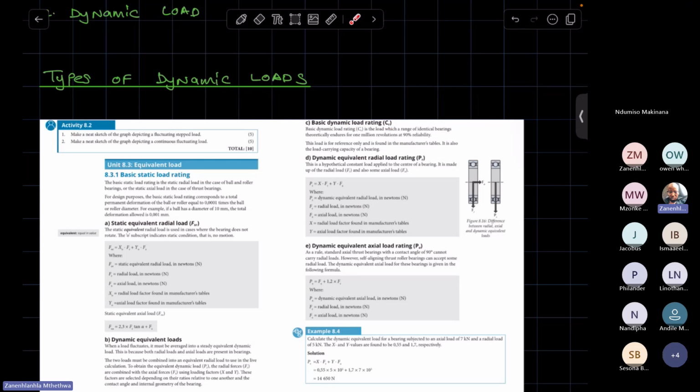Now this, just like the term suggests, basic dynamic load rating, you only use in calculating essentially the lifespan of the bearing. And this you normally are given by the manufacturer. Hence, I don't really find it interesting.